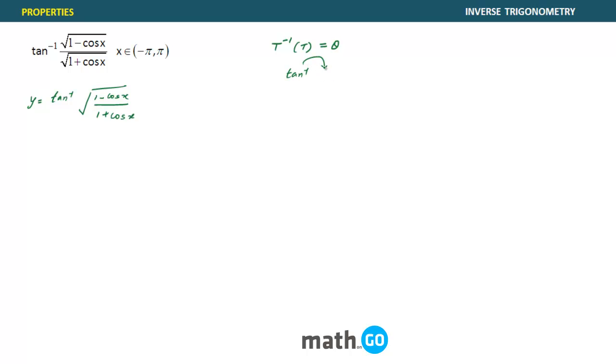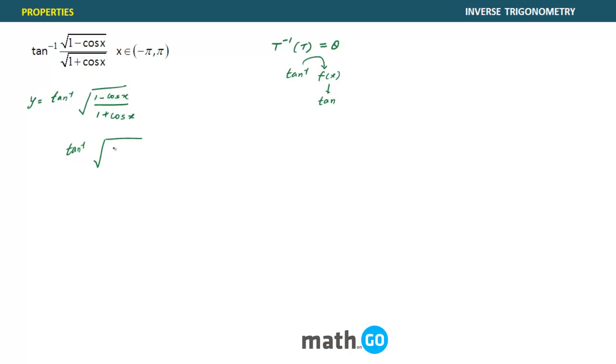Whatever is inside, let's say this is some f(x), I don't know what it is. You need to try and make this f(x) into the form of tan, so that I can apply tan inverse tan and the answer will come out to be theta. This is the target. Now, what is 1 minus cos x?